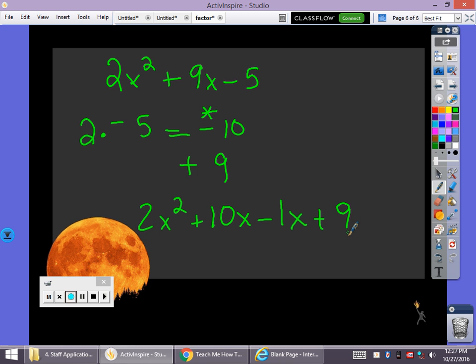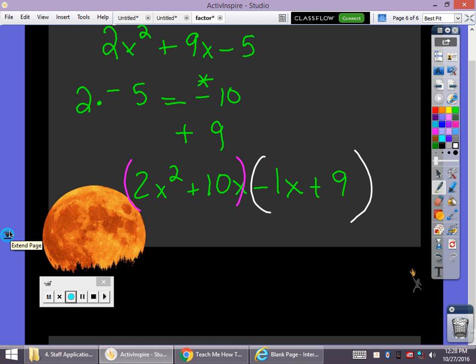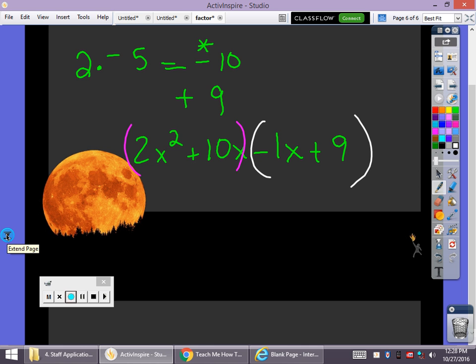Let's group them. Here's a group. Here's a group. Looking at the first group, what's my GCF? It is 2x, which leaves me with x plus 5. What's the GCF of the second group? It's minus 5.